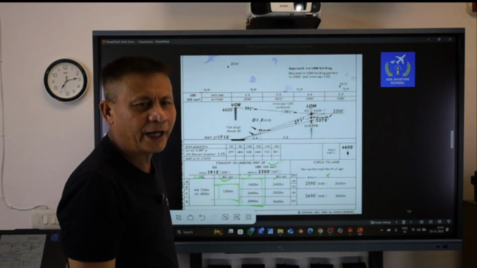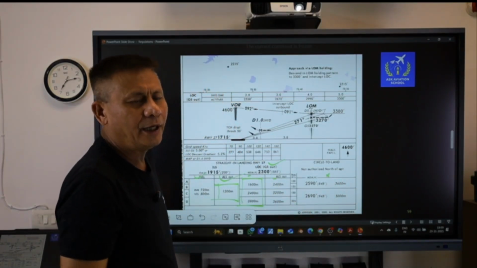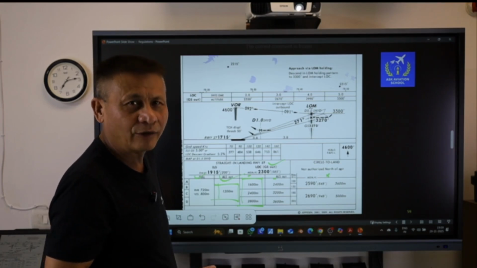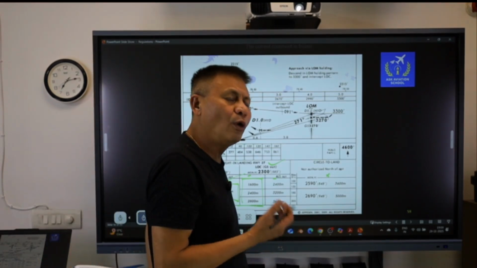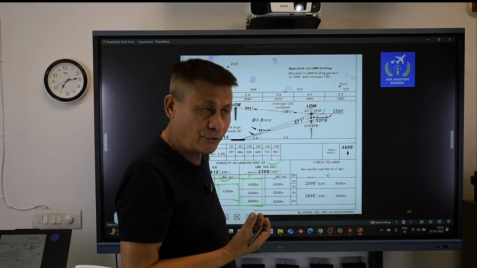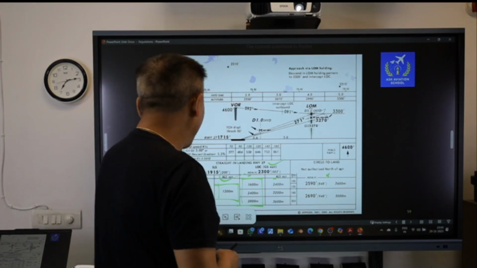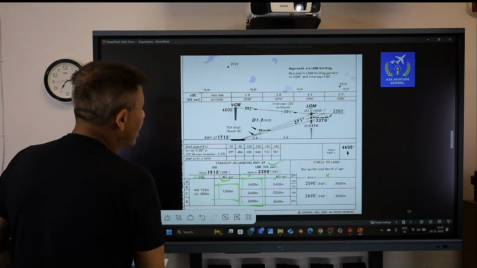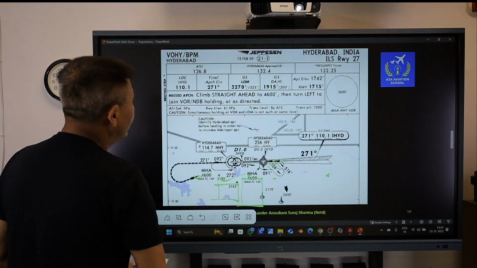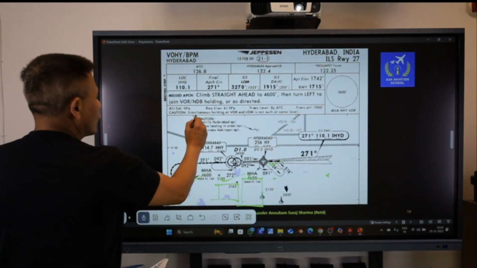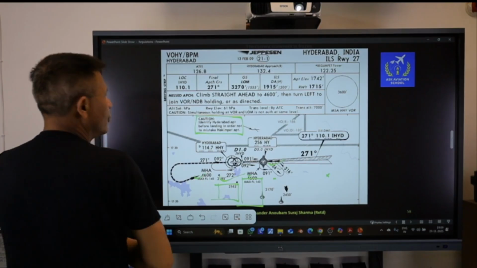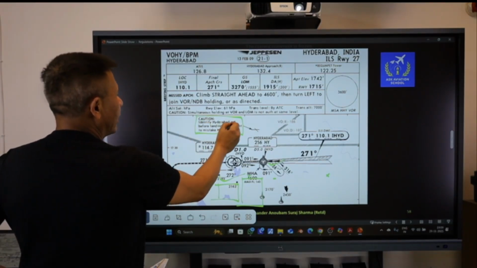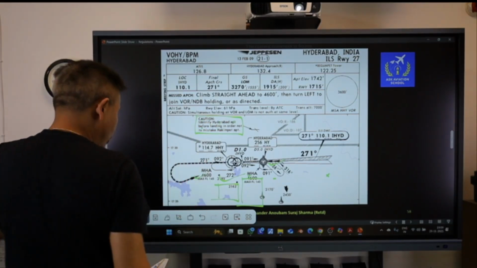Basically, in most of the states or most of the countries, airliners are not allowed to use these circle to land procedures. Some additional point on this particular chart is that, if you see here, there is a caution. The caution says to identify Hyderabad airport before landing in order not to mistake it with Hakimpet.